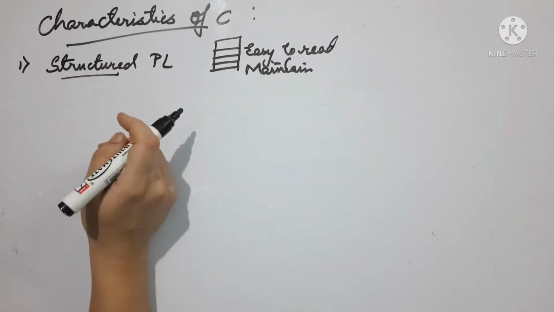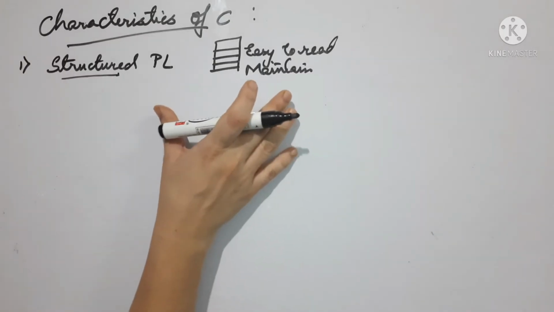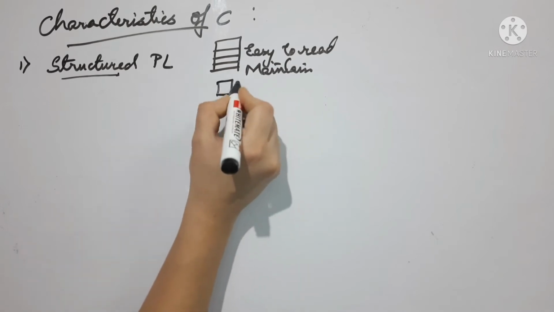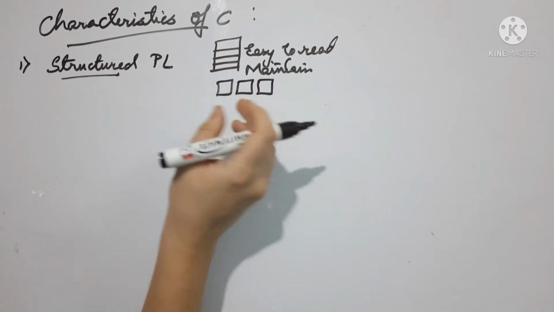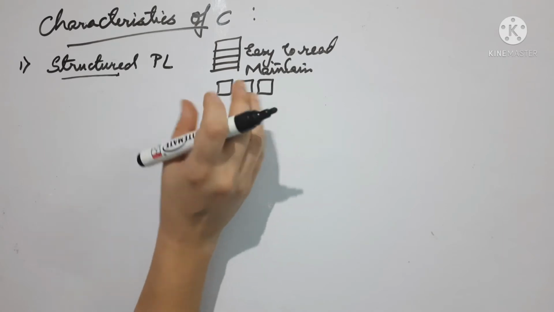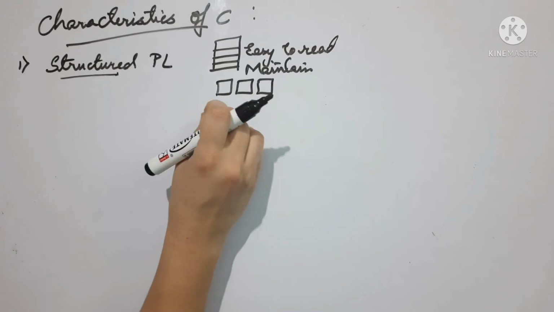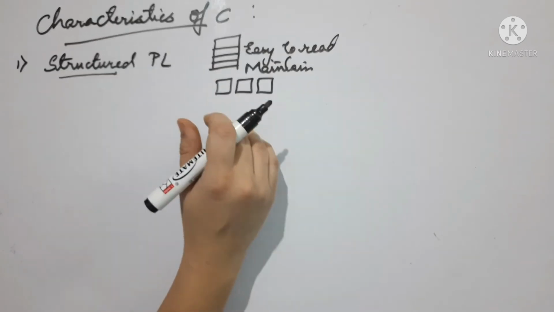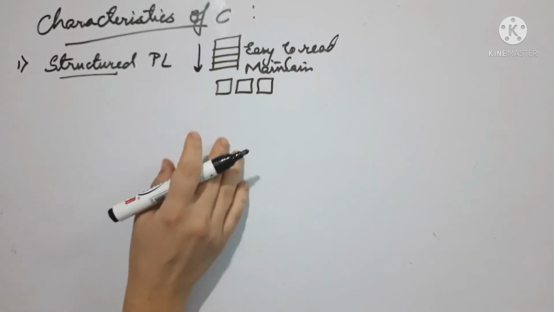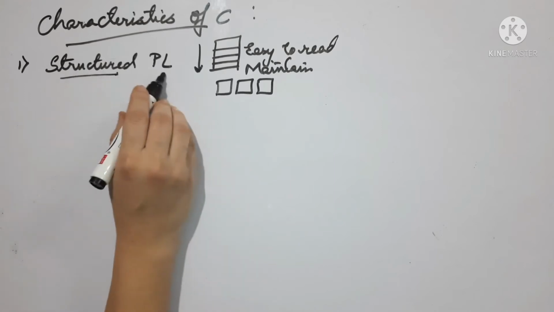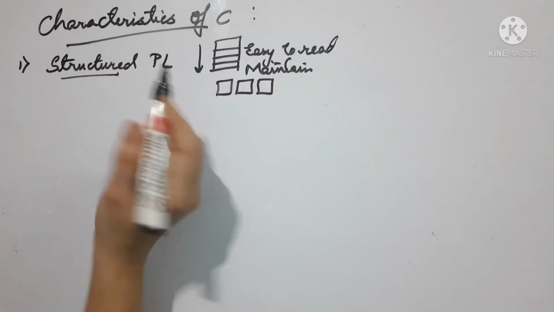The meaning of structured means our entire program is formed in particular modules. Okay, when we have particular modules means the big task is divided into smaller tasks, and each smaller task is solved step by step in a top-down approach. That is the meaning of structured programming language.